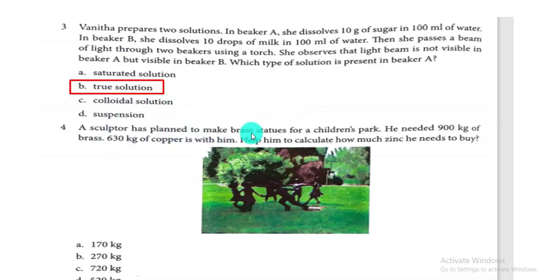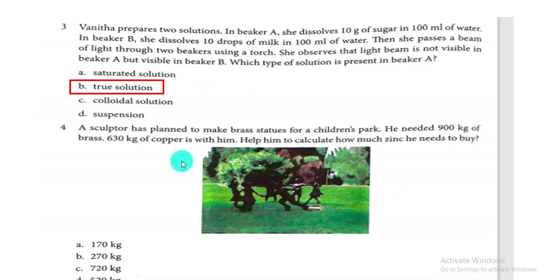A sculptor has planned to make brass statues for a children's park. He needed 900 kg of brass. 630 kg of copper is with him. Help him to calculate how much zinc he needs to buy. We know brass is an alloy of copper and zinc. He has 630 kg of copper and needs 900 kg.